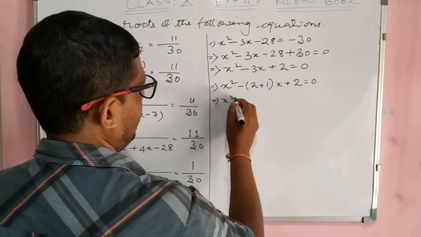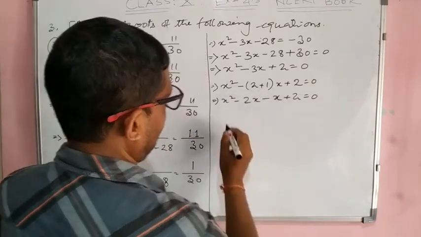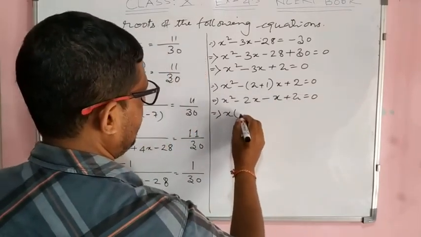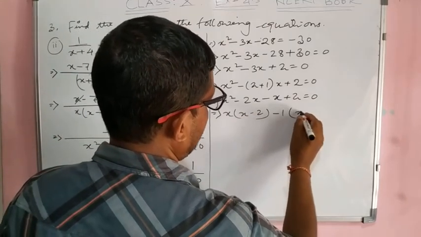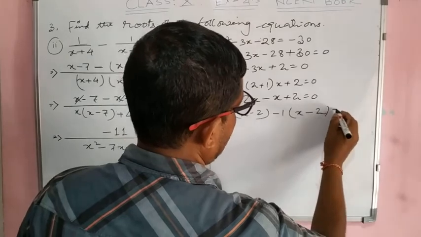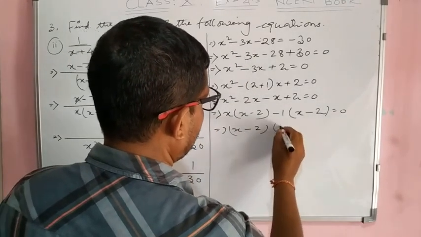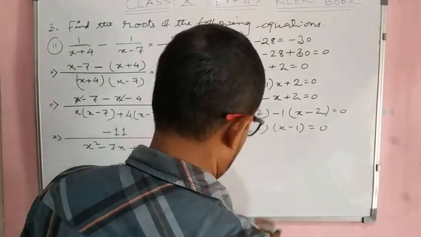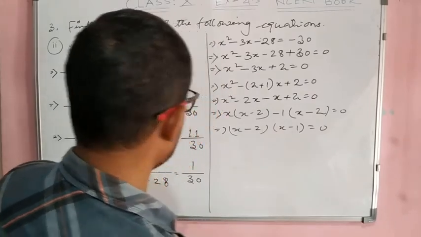Now x square minus 2x minus x plus 2 equal to 0. This implies that x common, here minus 1 common, so minus into minus is plus, x minus 1 times, and 2 equal to 0. This implies that (x minus 2) whole into (x minus 1) equal to 0. Now I got the product of this and this equal to 0.